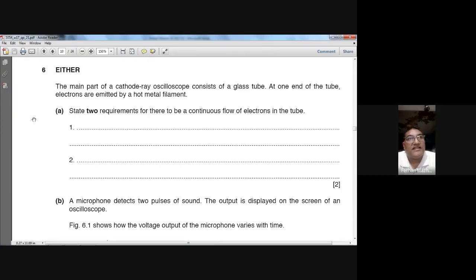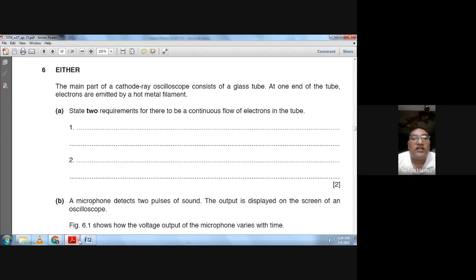The second arrangement is a very low gas pressure inside the CRO tube, or a perfect vacuum, so that the flow of electrons is not hindered.